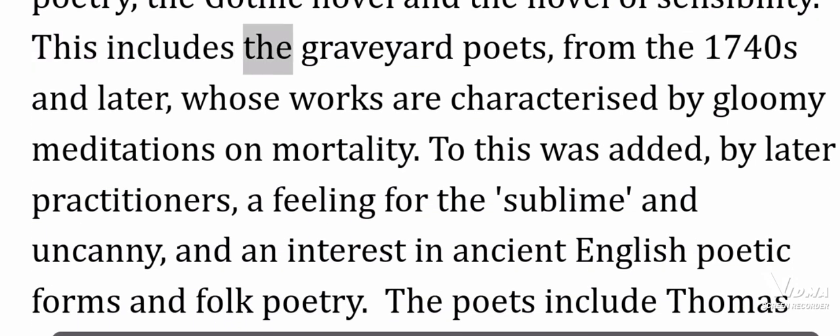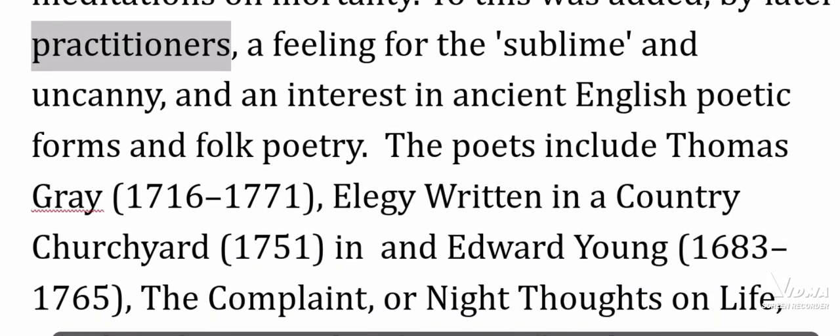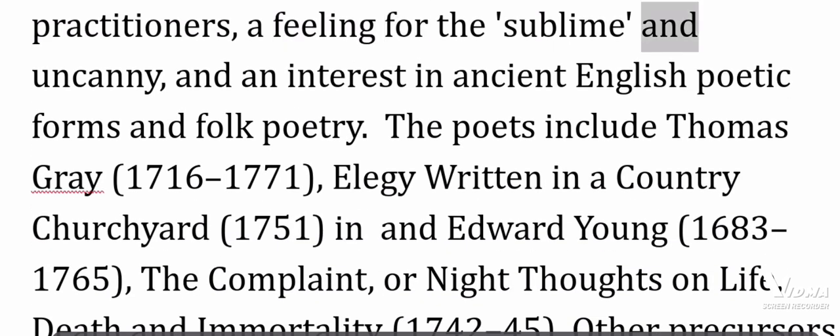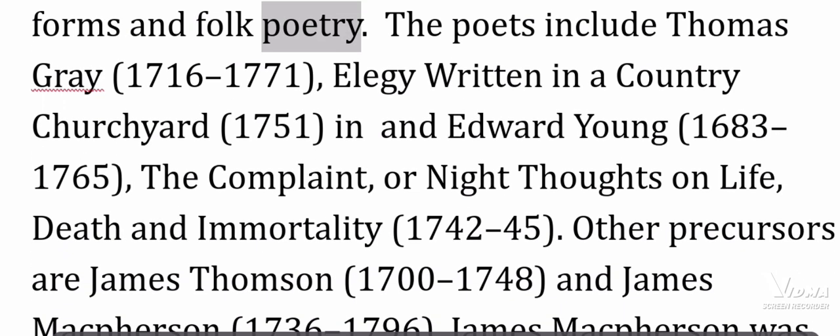This includes the graveyard poets, from the 1740s and later, whose works are characterized by gloomy meditations on mortality. To this was added, by later practitioners, a feeling for the sublime and uncanny, and an interest in ancient English poetic forms and folk poetry.